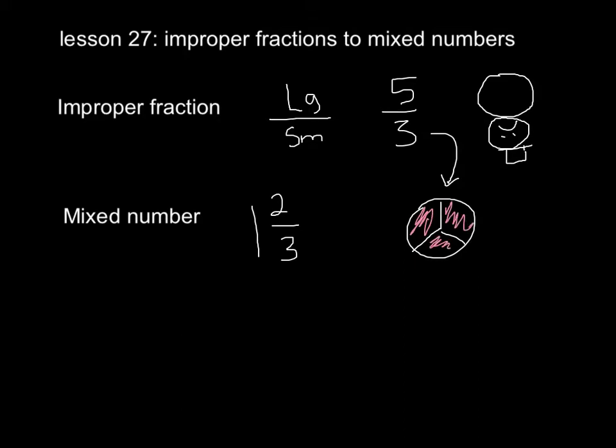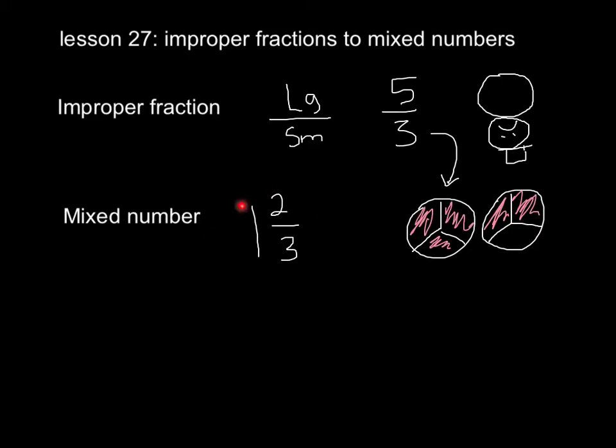Oops, but wait, there's only 3, so there must be another pizza cut into 3 pieces still for 5, and there's 5/3, so 5 pieces of pizzas that are cut into 3 equal pieces.